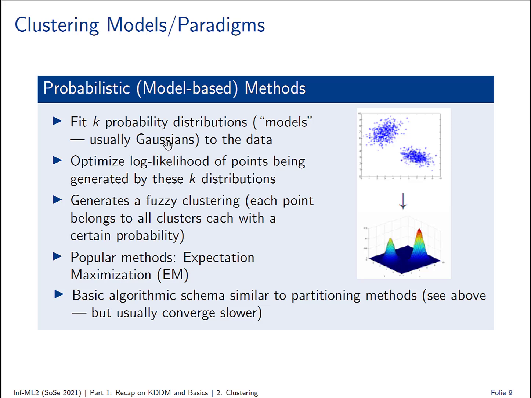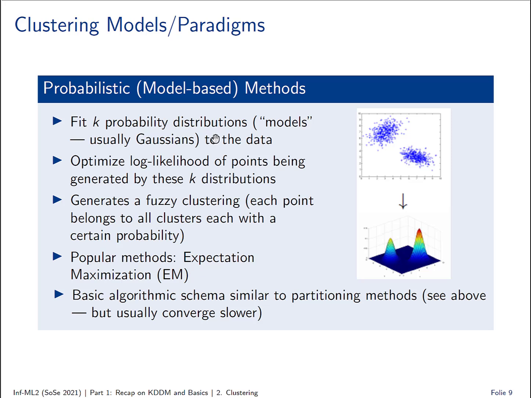Yeah, so you try to find k means and k covariance matrices such that the corresponding probability distributions model the data that you have in the best possible way.